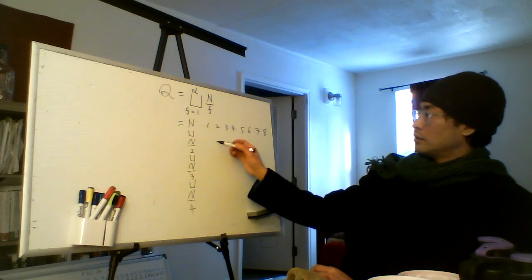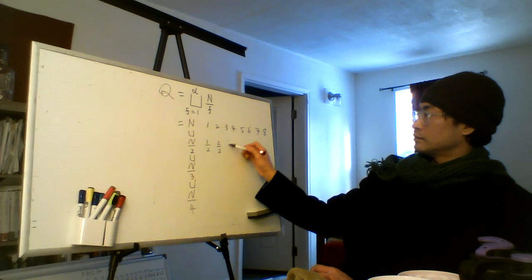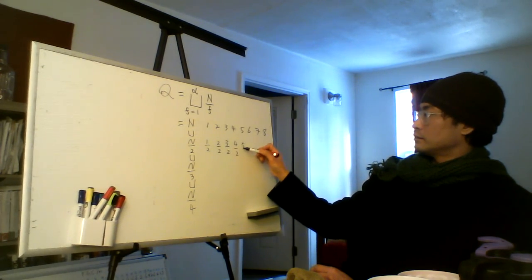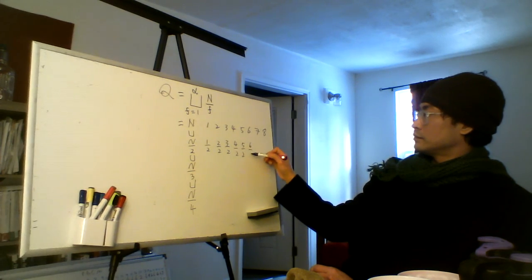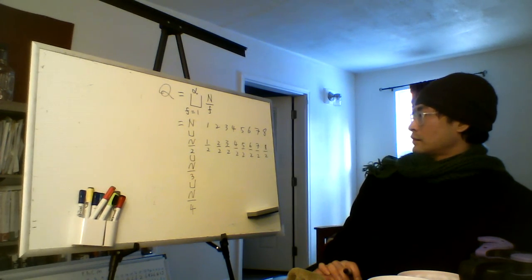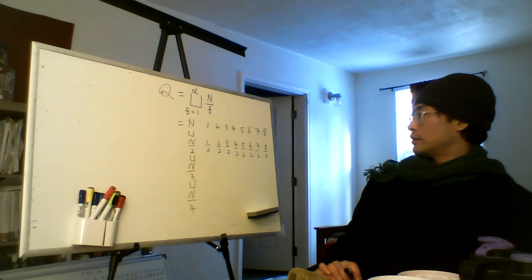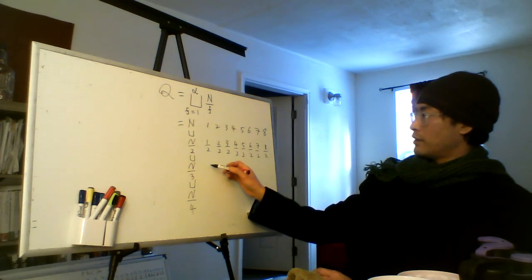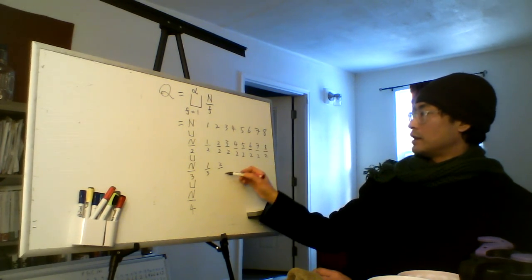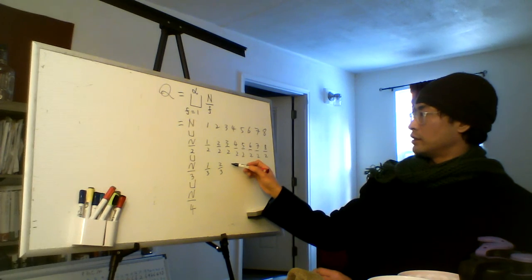Then N over 2, and N over 3. A systematic enumeration method, that's what we're doing. Why?